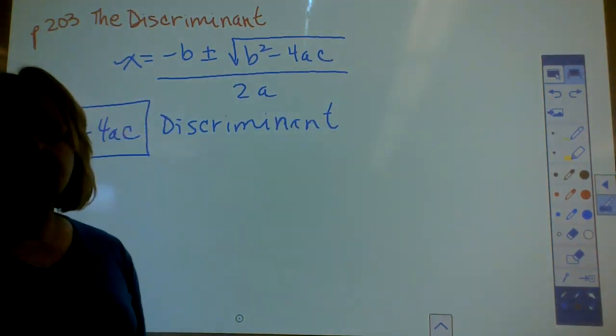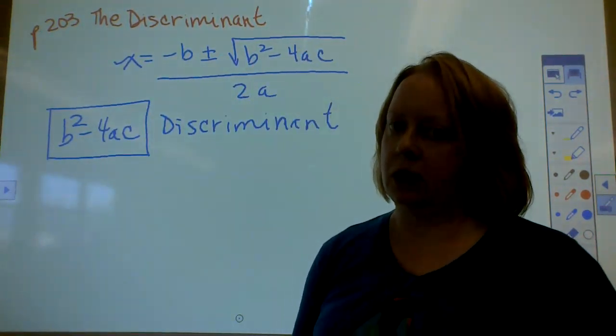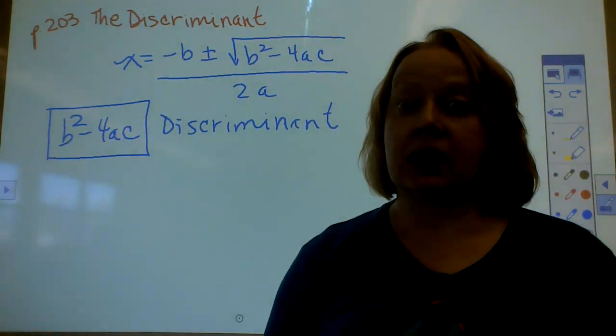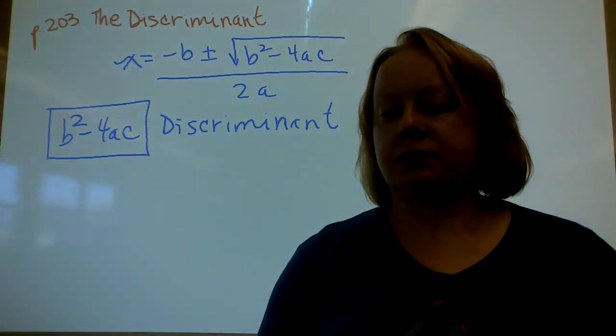Okay, so you're probably asking, well, why is it so important and why do I have to learn this? It helps us to determine what type of roots we have.